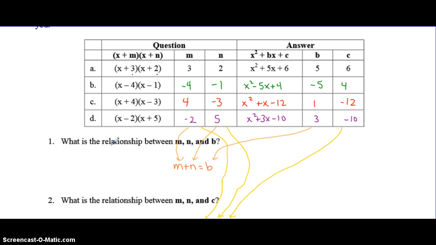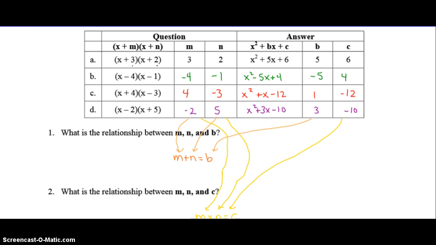The question was, what is the relationship between m, n, and b? Well, if you take m and n and add them, you get b. So 3 plus 2 is 5. Negative 1 plus negative 4 is negative 5. 4 plus negative 3 is 1. Negative 2 plus 5 is 3.